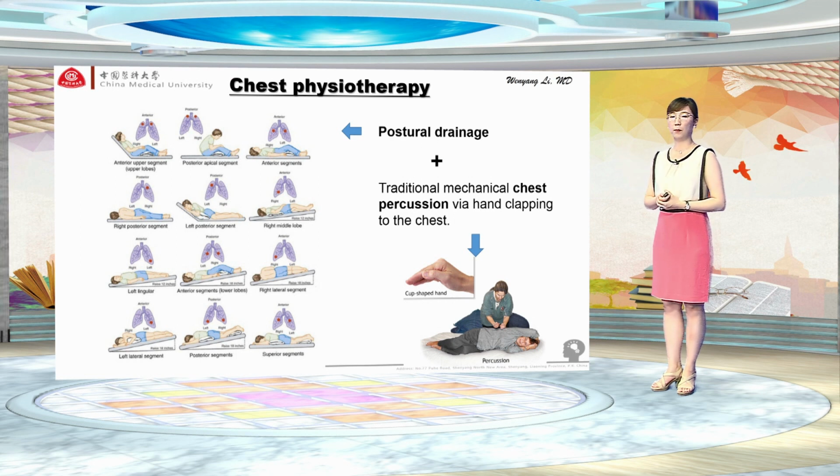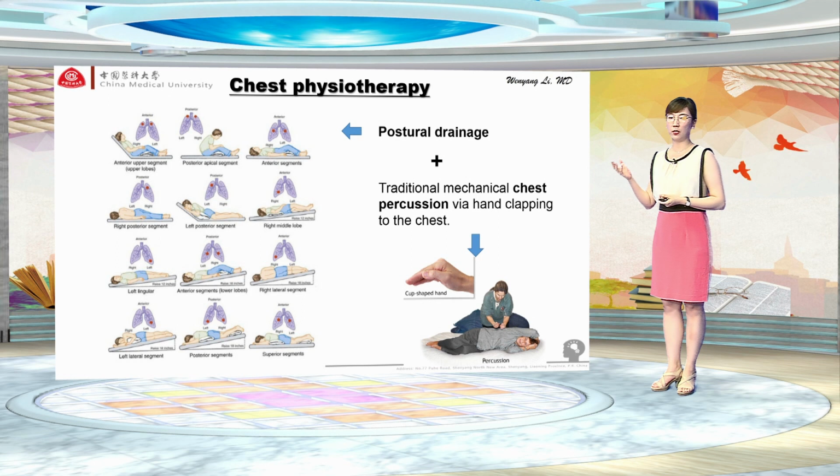Caregivers can gently clap parts of the body to remove the mucus, sputum, or fluid from the lungs. These cup-shaped hands help to break up the fluid inside the bronchioles.